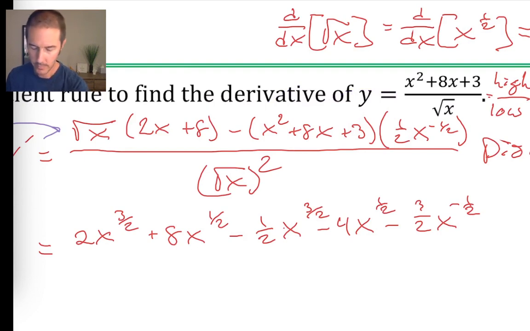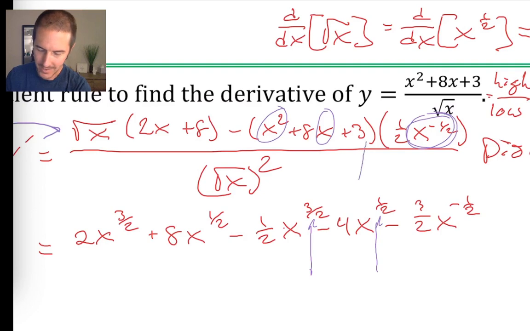Let's look at the variables. I've got x to the 2 times x to the negative 1/2. 2 minus 1/2 is 3/2. Winning. X to the 1 times x to the negative 1/2. 1 minus 1/2 makes 1/2. I love it.